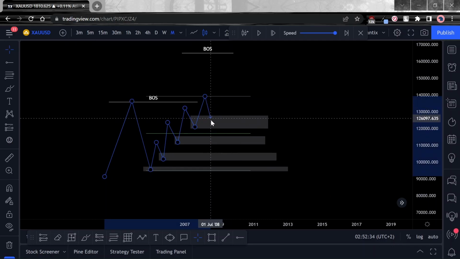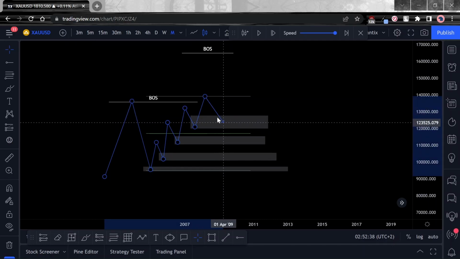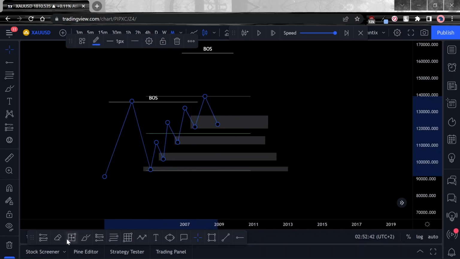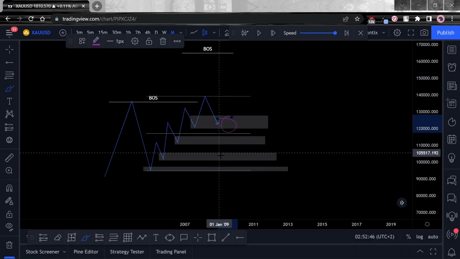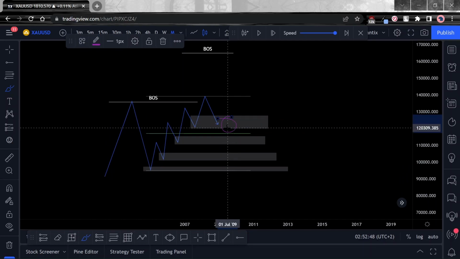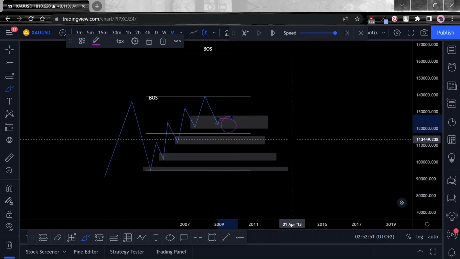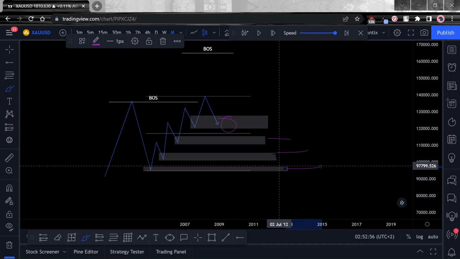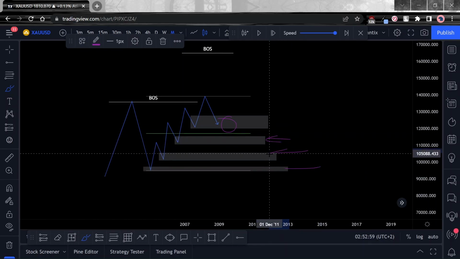So what you have now is price has got the option to come into this POI and reject further up, but we have got reason to believe this is not a good POI to buy. Why? Because it's still in what we perceive to be premium pricing. So it means these three OBs are the ones where we can expect price to turn, simply because these are in discounted pricing.